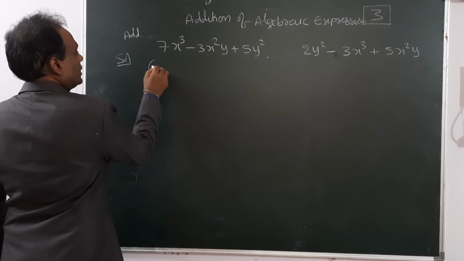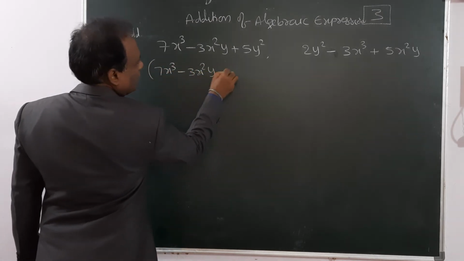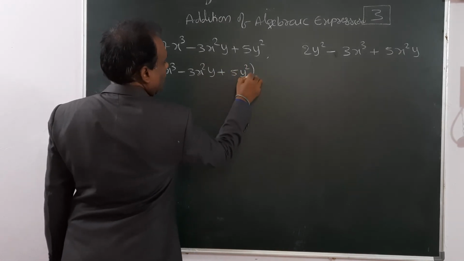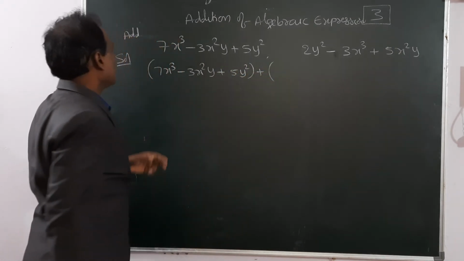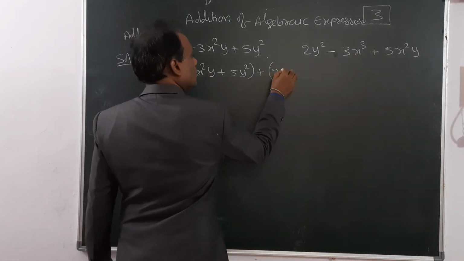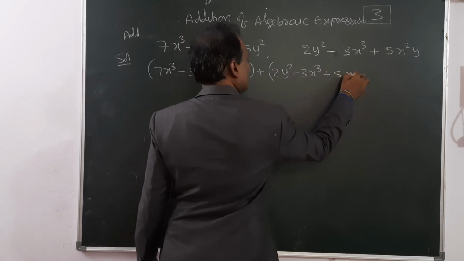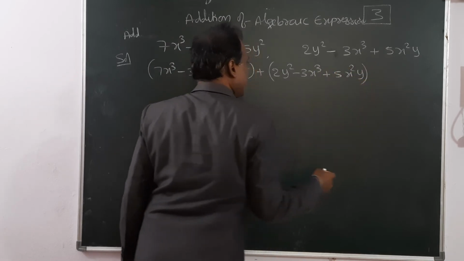So the solution is 7x cube minus 3x square y plus 5y square, first term, plus. What is the question? Add means plus. Second, 2y square minus 3x cube plus 5x square y, close.